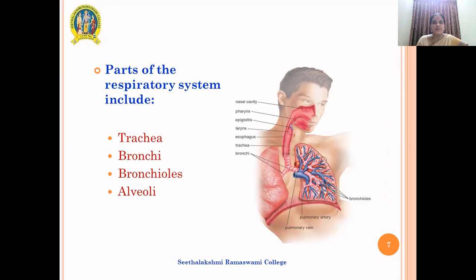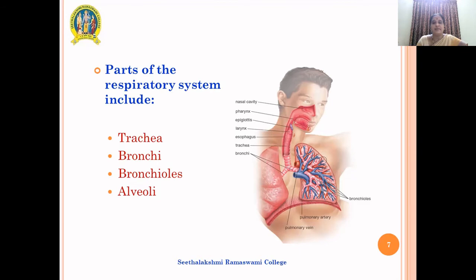This picture depicts the respiratory system, starting from the nasal cavity, leading to the pharynx, epiglottis, larynx, esophagus, trachea, and bronchi, and these bronchi lead into the lobe-like structures, or the lungs.